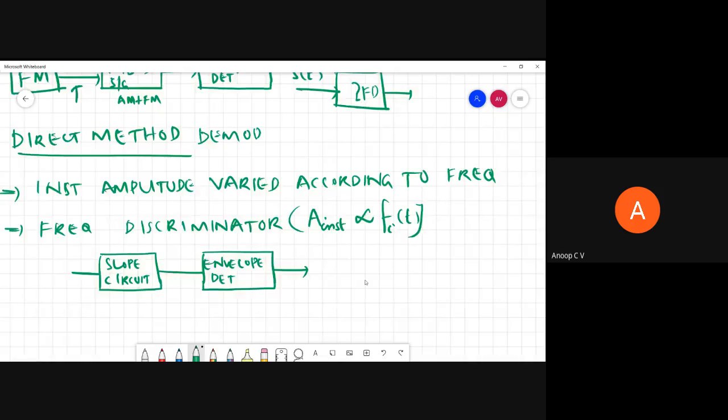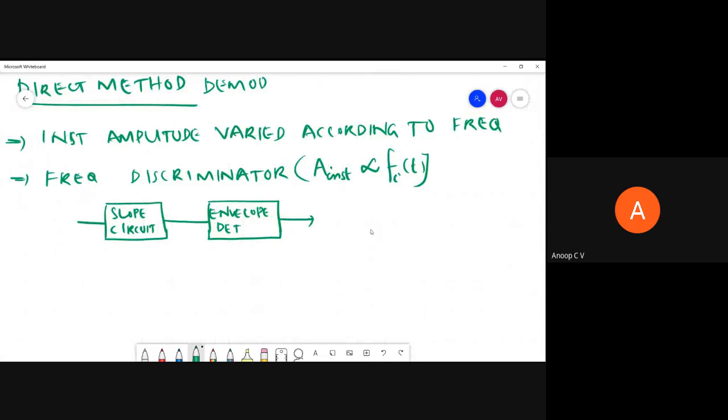So this slope circuit, what do you mean by slope? What do you mean by slope of a function or a graph? If this is y and this is x, slope is nothing but dy by dx. If this was t, slope would have been dy by dt. So slope has something to do with differentiation.